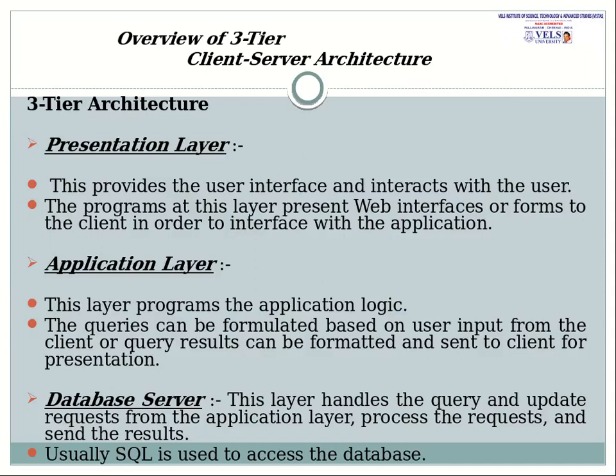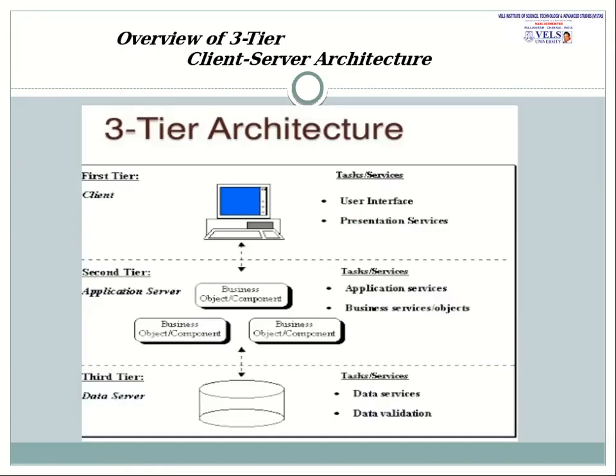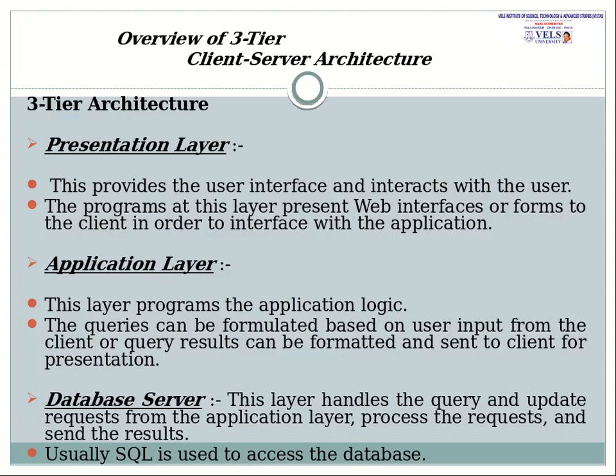In this 3-tier client server architecture, we will discuss the presentation layer, application layer and database layer. The first layer is the presentation layer, the second layer is the application layer, and the third one is the database layer. The client layer, otherwise the presentation layer, mainly provides the user interface and interacts with the user.